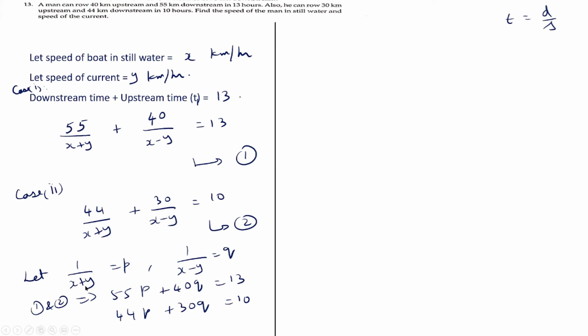So here we have taken 1 by x plus y as p and 1 by x minus y as q, putting p and q in both these equations, so that we get these two equations. Now if we solve these two equations, we will be able to find the values of p and q, and then we can find x and y.